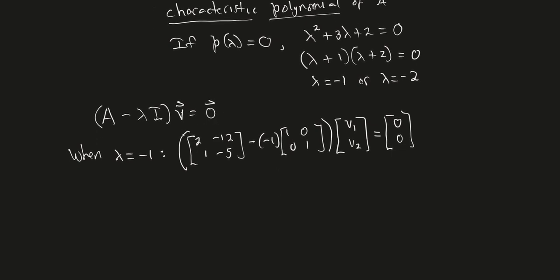So let's simplify what I have in parentheses here. It's going to be a 2 by 2 matrix. So we're going to end up with 2 plus 1, so that's 3, and then -12 plus 0, so that's -12, and then 1 plus 0, that's 1, and then -5 plus 1, so that's -4.